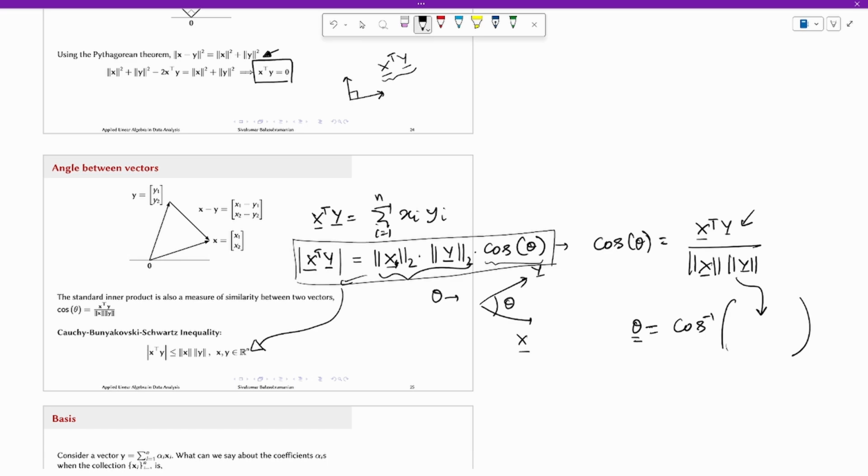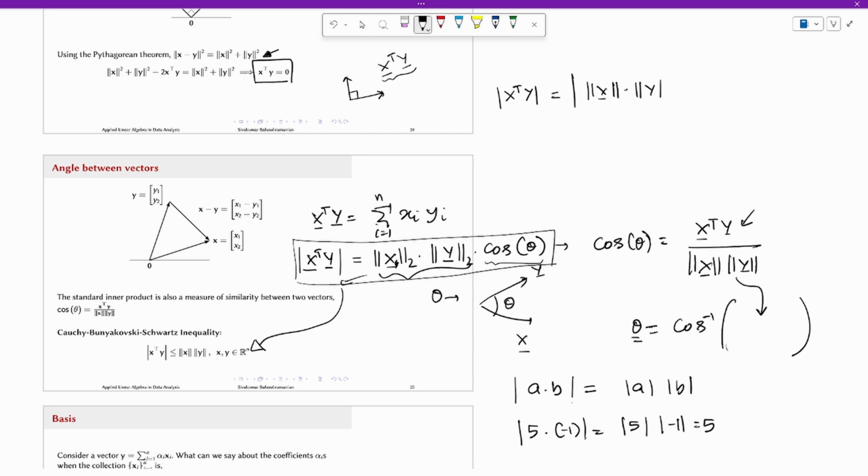That means if you have two real numbers, a times b, and you take the modulus of that, it will be equal to the modulus of a times the modulus of b. If you multiply 5 by minus 1 and take the modulus, that will be 5, which is equivalent to taking the modulus of 5 and the modulus of minus 1, which still gives you 5. Whenever you multiply, you can take the modulus operation into the individual elements, which means the absolute value of x transpose y will be equal to the norm of x times the norm of y times cos theta.